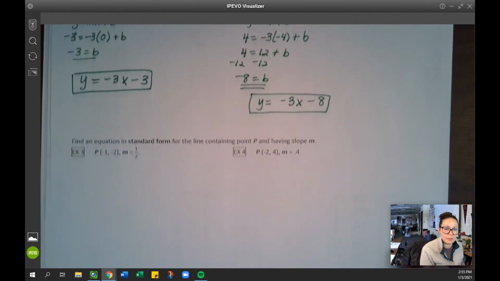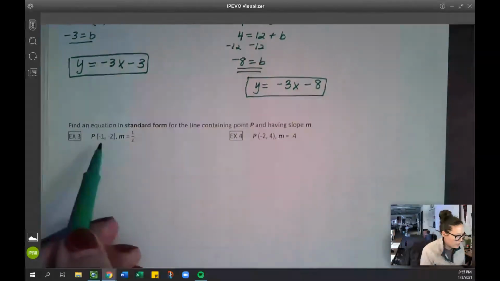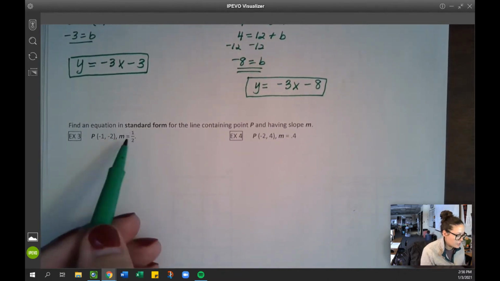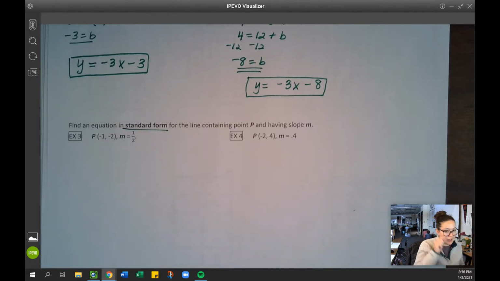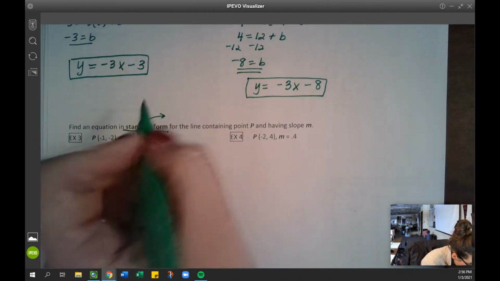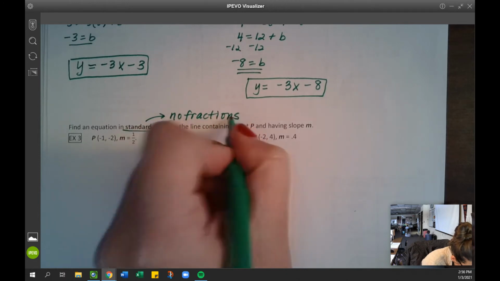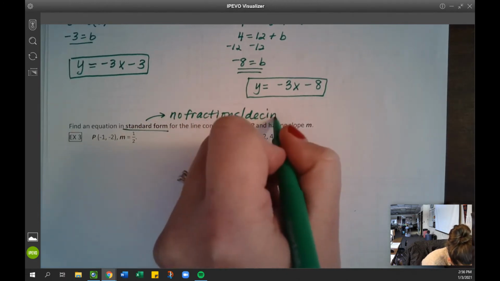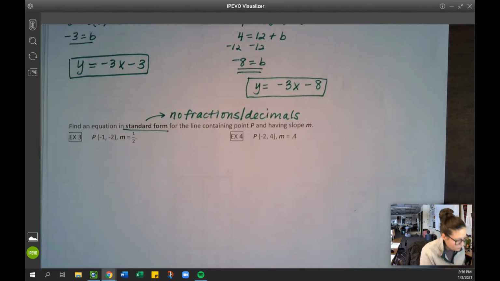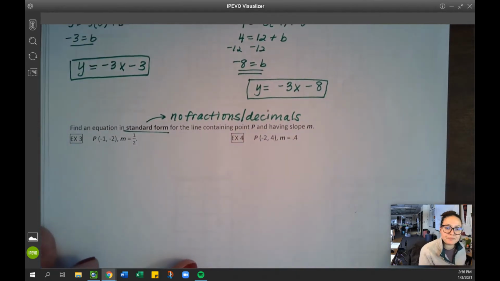All right, moving on. Now, again, we have a point and the slope, but now we have to write our final answer in standard form. And remember, in standard form, we can have no fractions or decimals. No fractions or decimals.